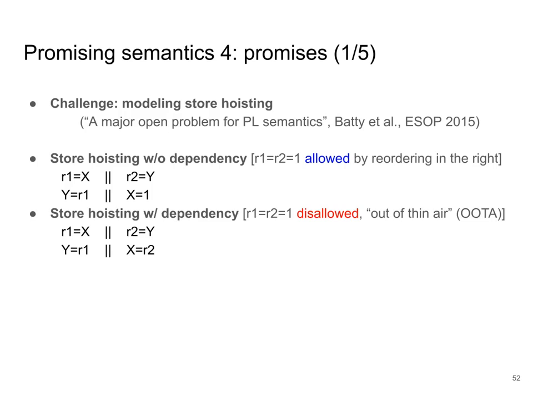Now let us see a slightly different program than the previous one. This is the same program except that the store instruction here is X equals R2 instead of X equals 1.